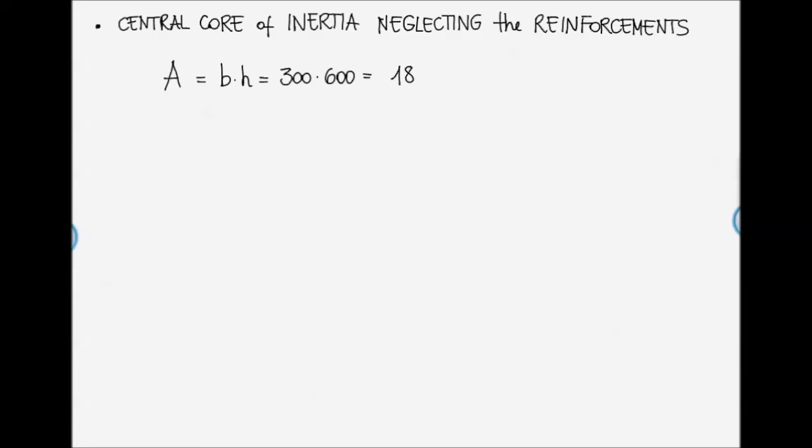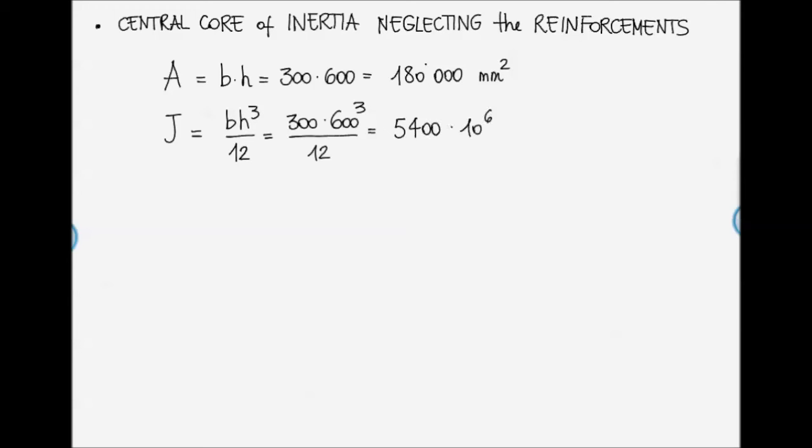Which gives 108,000 square millimeters. Then we calculate the moment of inertia of the concrete, which is simply BH cubed over 12. That is equal to 5,400 by 10 to the power of 6 millimeters to the power of 4.